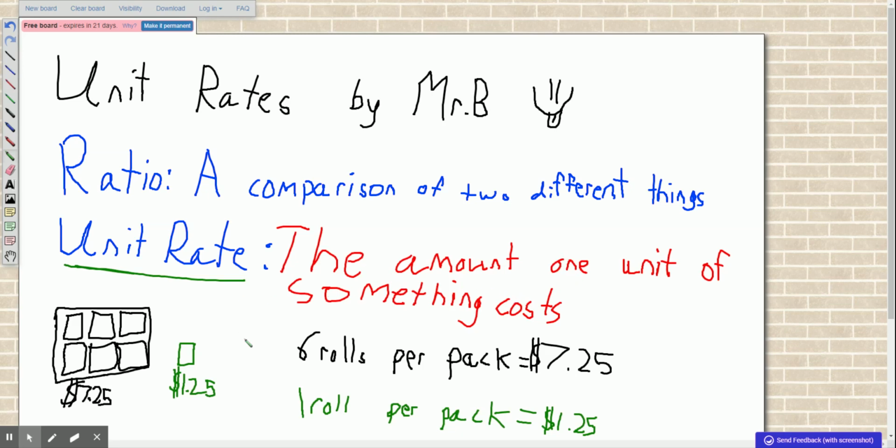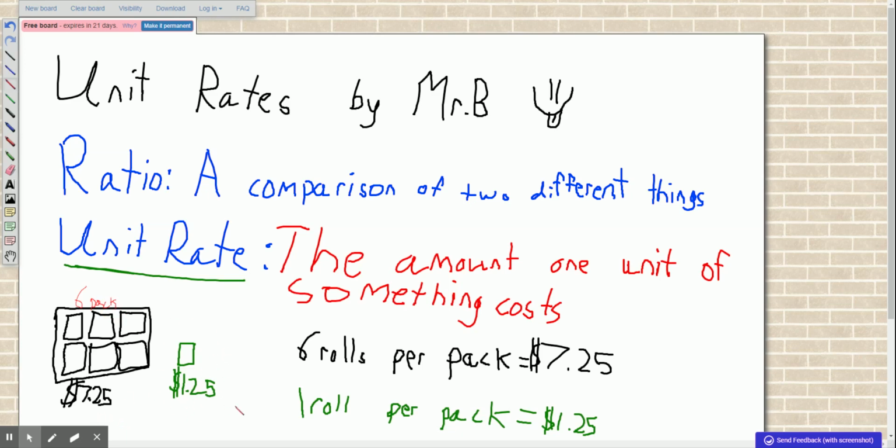Now, we're going to look at a real life example today of something that you could experience by going to the store right now. We're going to look at buying some packs of toilet paper. And so in our example, we have two different options of toilet paper that we could buy. Our first option here is a 6-pack of toilet paper, and this 6-pack costs us $7.25.